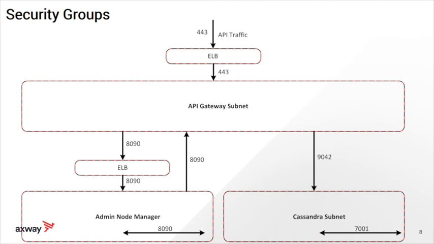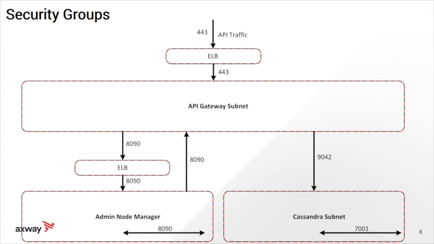Similarly, for the admin node manager subnet, we have another Elastic Load Balancer which will be configured to accept traffic on port 8090 from the API gateway subnet, and in the same way, the admin node manager subnet will be allowed to send traffic on port 8090 between the EC2 instances within that subnet, as well as to accept traffic on port 8090 from the admin node manager Elastic Load Balancer.